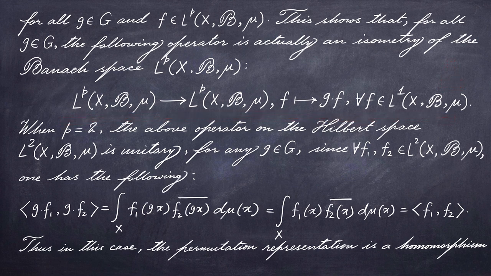Now among these LPs, if we consider the case P equal to 2: for any given P, LP is always a Banach space, but if P equals 2, it is something even further. It's a Hilbert space. A Hilbert space is, by definition, a complete inner product space. So when we consider P equal to 2, the map that each group element g produces is in fact unitary.